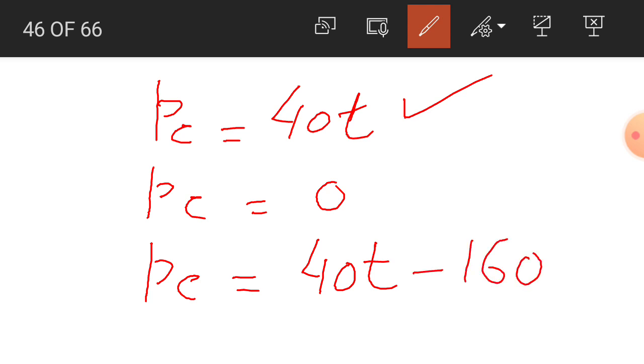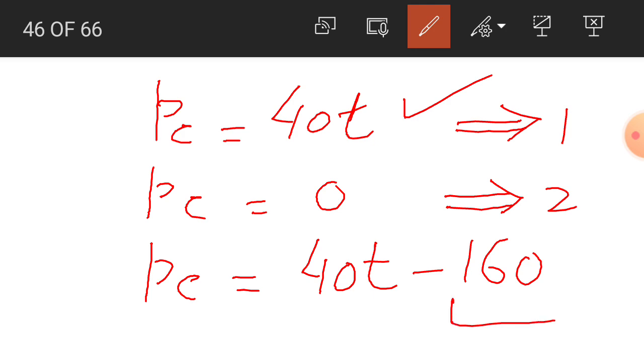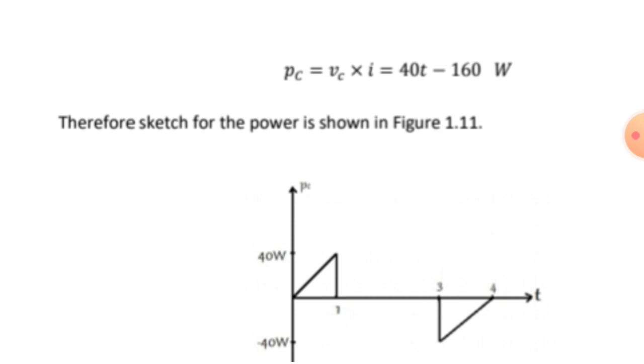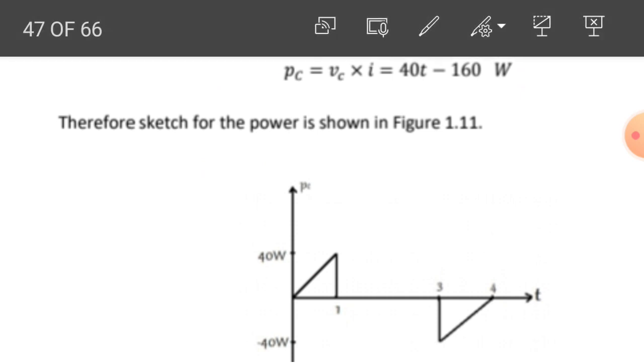So this is the equation for the power in region number 1, this is the equation for the power in region number 2, and this is the equation for the power in region number 3. You can find the power at different values of time, and then you can sketch it. Anyhow, we sketch this power.